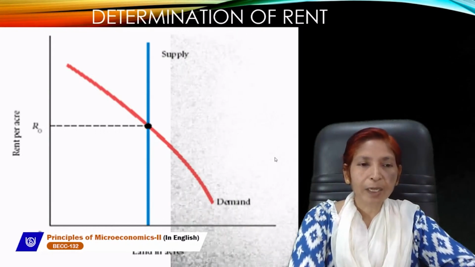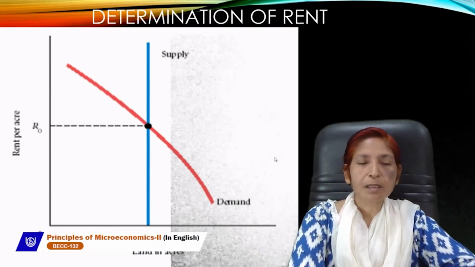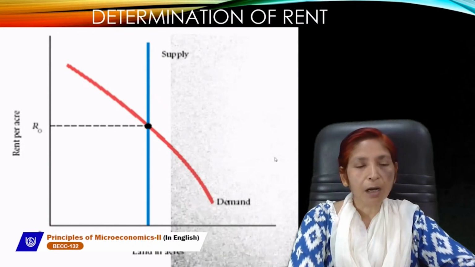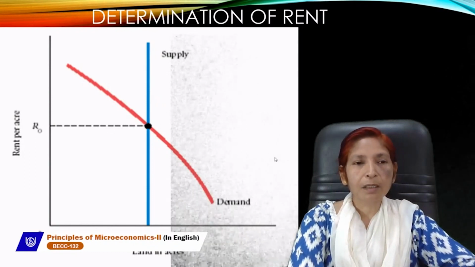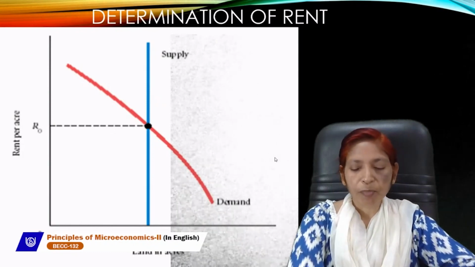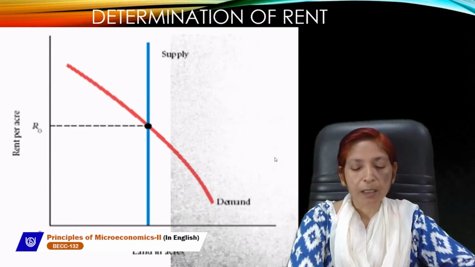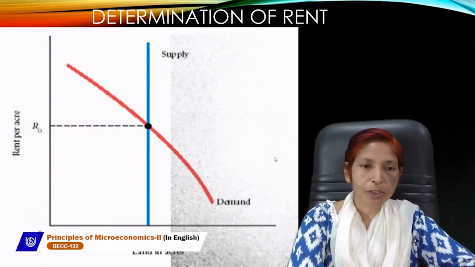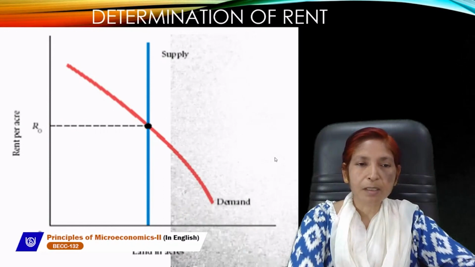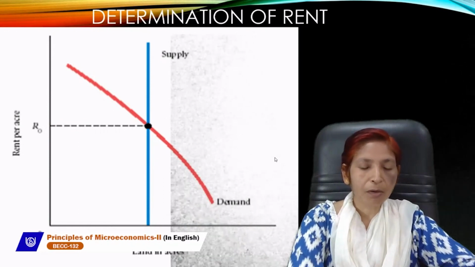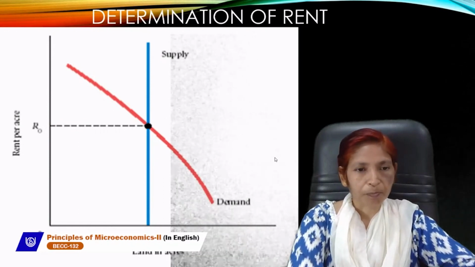This line is vertical because the supply of land is always inelastic or constant, because land is provided by nature free of cost. So the supply of land always remains an inelastic or vertical curve.